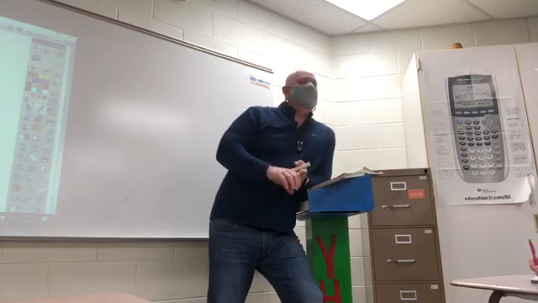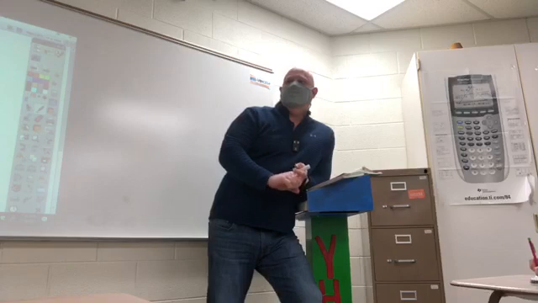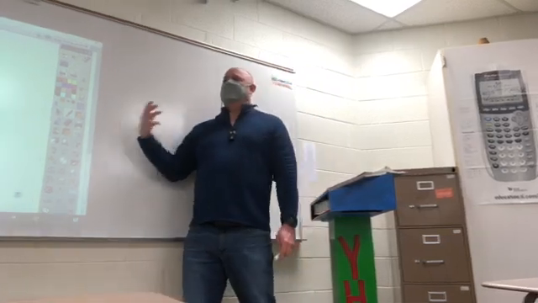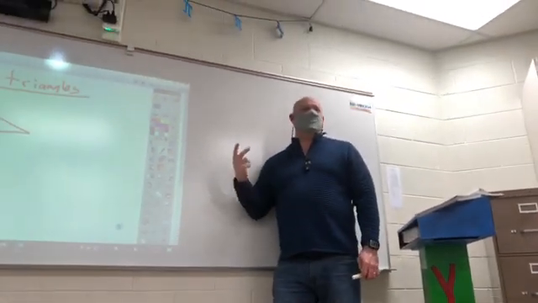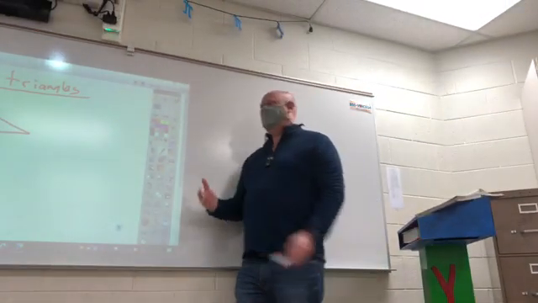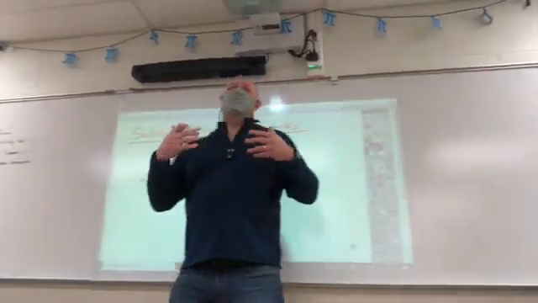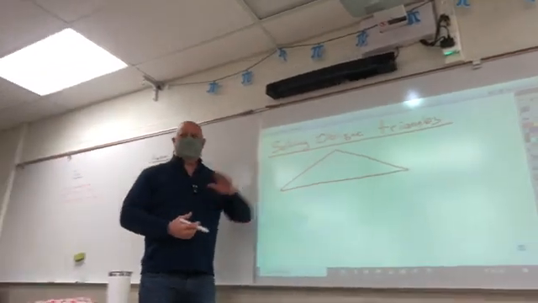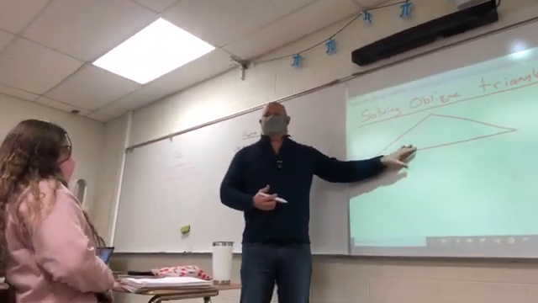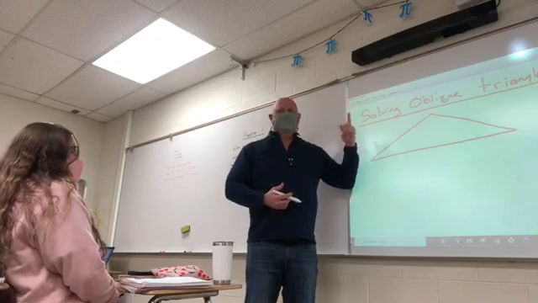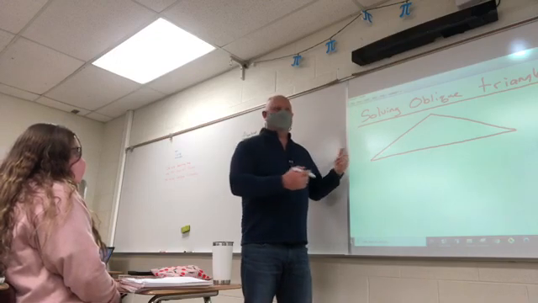What makes solving oblique triangles a little bit different is we need different rules. We don't have any tools in our toolbox right now to solve them. For ease, we're going to name them the same way we did with our right triangles. What do we name all of our triangles? ABC.